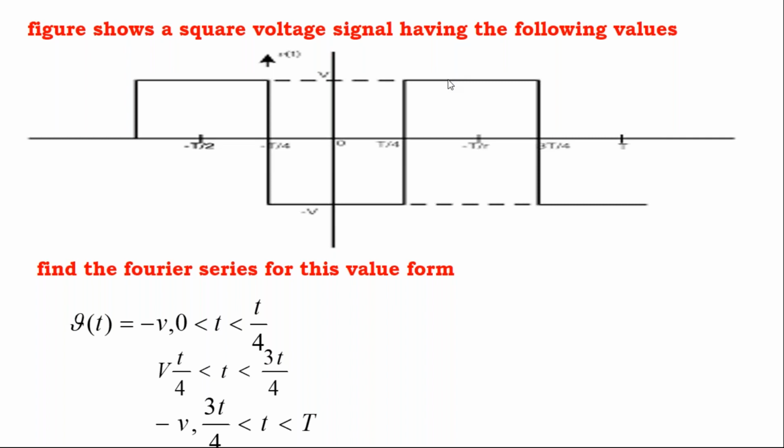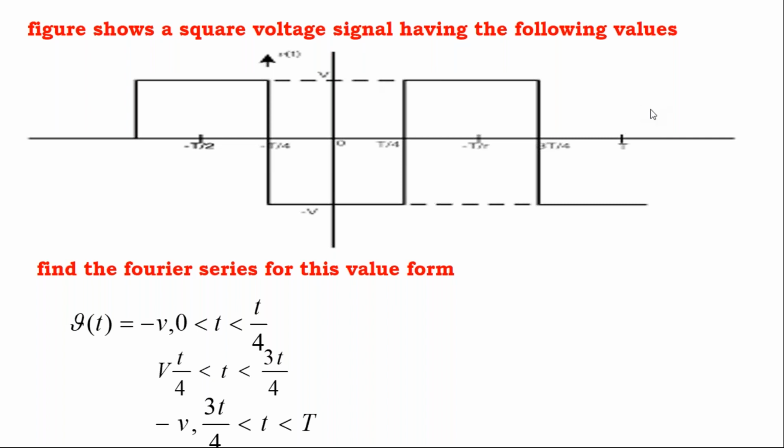The moment when you observe the waveform, always remember, on x-axis you are going to have the time scale. On y-axis you will have the amplitude scale. So when you are writing the equation, you are going to write an equation which is a function of time.